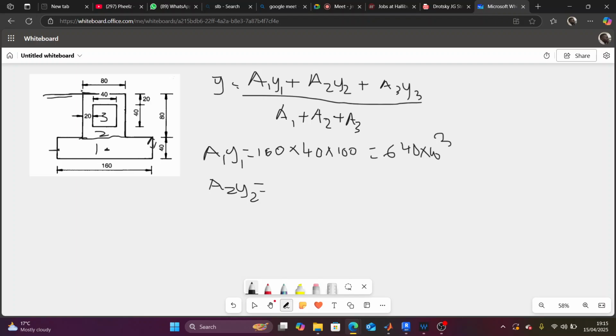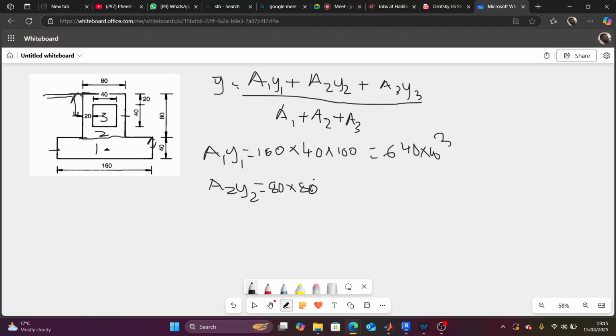What is a2? A2 will be 80 times 80. Now, what is the centroid? Because the centroid is found at the center of this rectangular, which is what? 40. If 80 is the full length, it is 40. But remember, we are reading from top. So it's going to be from top until that 40.